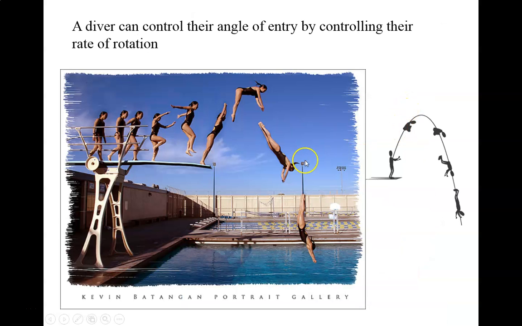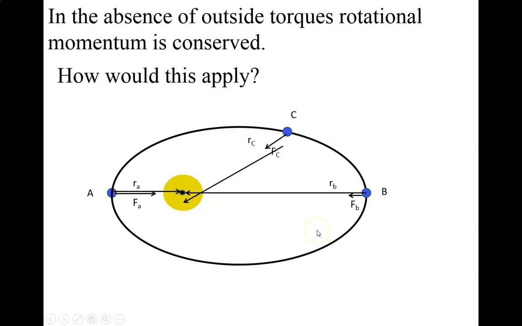This is how divers control their angle of entry into the water. They can enter into a tucked or an extended pike position, and when they're getting close to the angle of entry that they want, they extend into an extended position to slow their rotational rate so that they enter the water at the right angle.